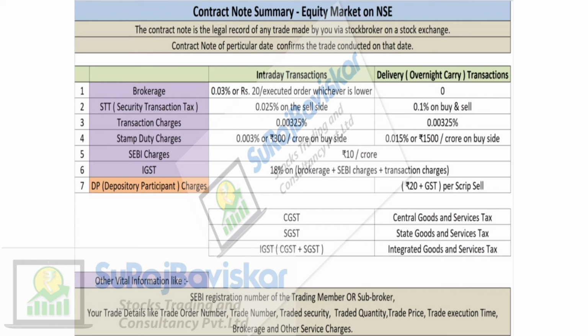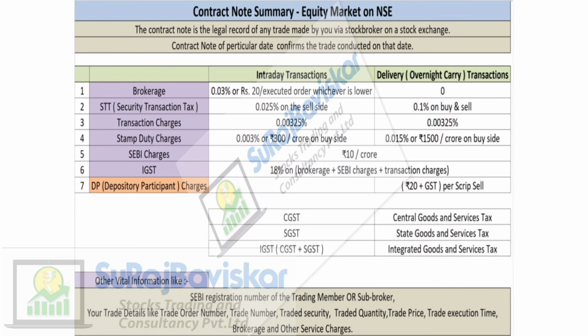In the stock market, IGST is applicable, which is 18% on the total of brokerage, SEBI charges, and transaction charges. So they are charging 18% on the sum of these three. Okay, so understand this thing.